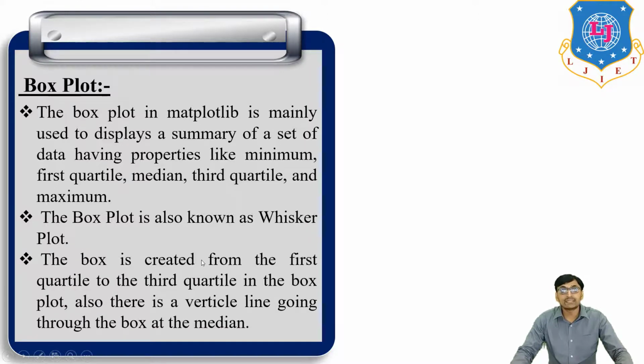The box is created from the first quartile to the third quartile. 25 percent of data means Q1, 75 percent of data means Q3. Also, there is a vertical line going through the box at the median. It means the line in the box represents the median, which is 50 percent of the data.